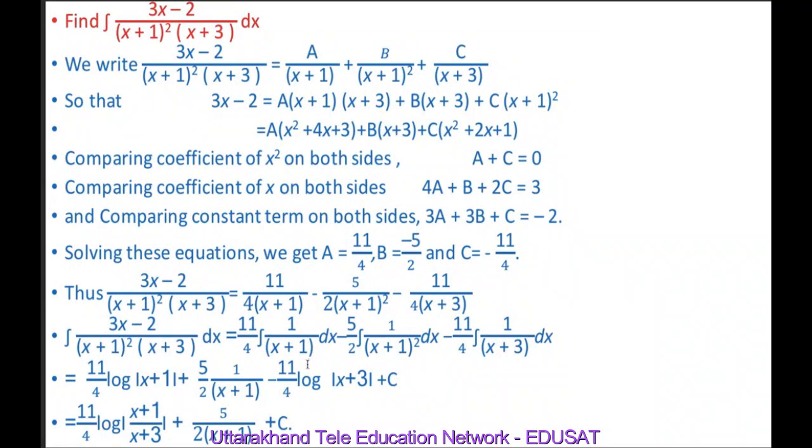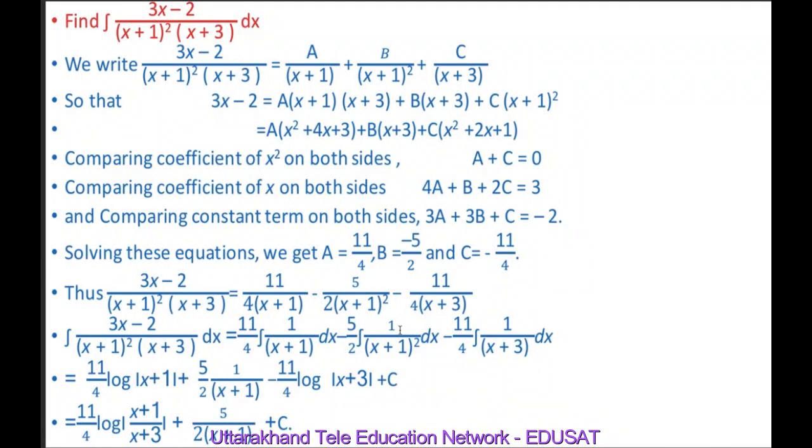Integration of this is log x plus 1, integration of this is log x plus 3, and this is the term of the form 1 upon x square or x raised to power minus 2. We know that integration of x raised to power minus 2 is x raised to power minus 2 plus 1 upon minus 2 plus 1.